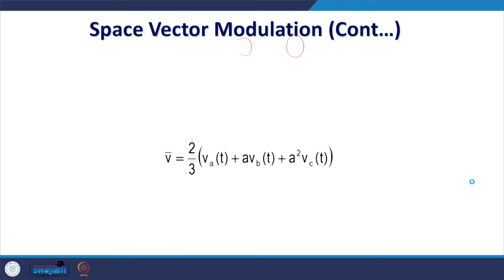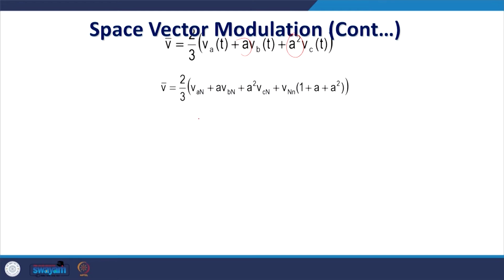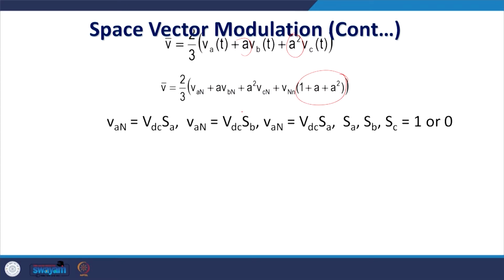So we can rewrite like this: VAN plus VBN plus VCN with the corresponding multiplication of A and A square, plus NN times 1 plus A plus A square. Ultimately this summation gives you 0. So you are just left with this part of the value, and thus VAN will be generated solely when you have VSA into VDC.